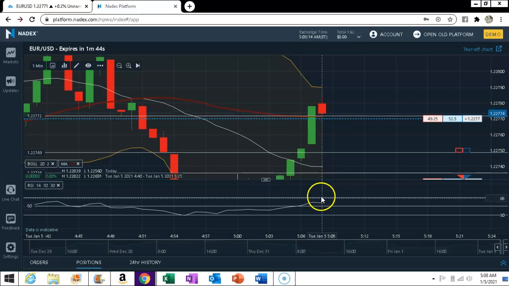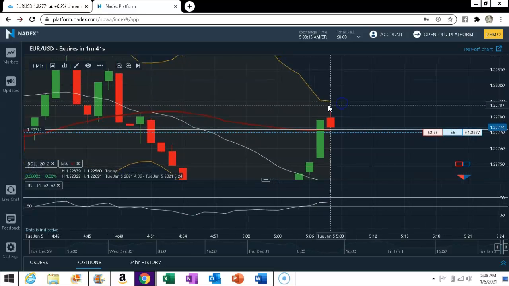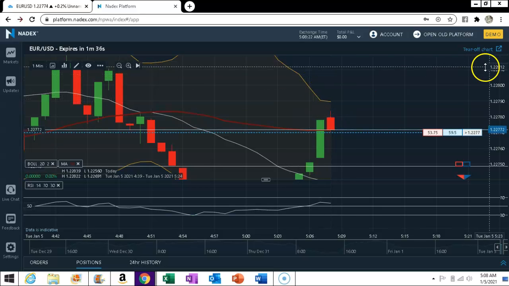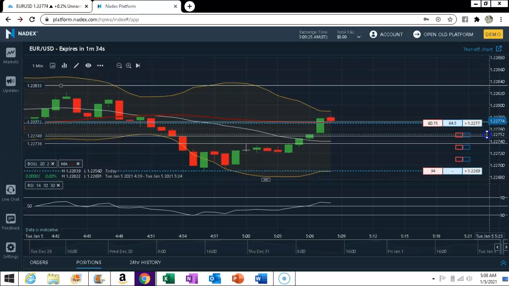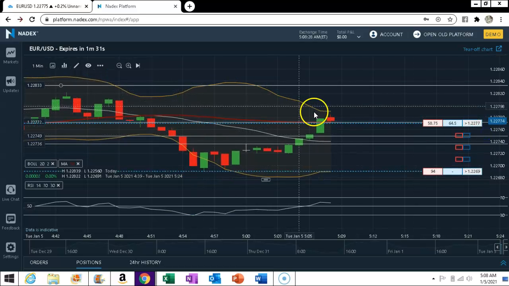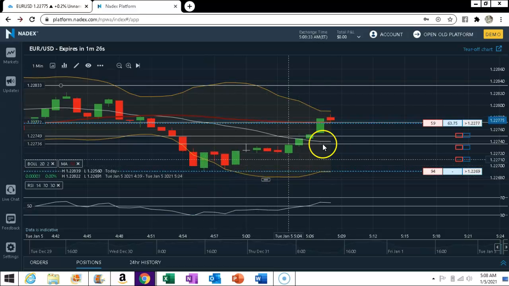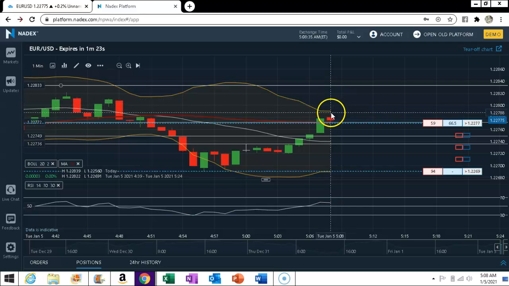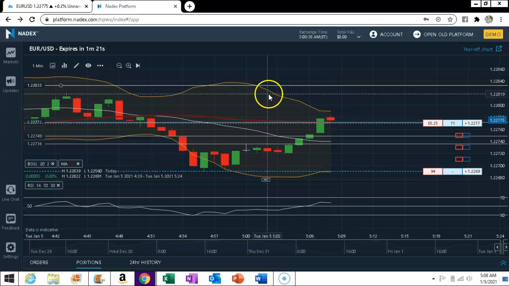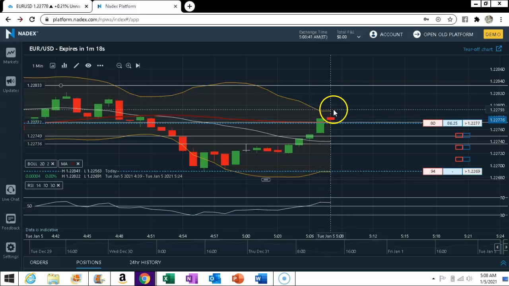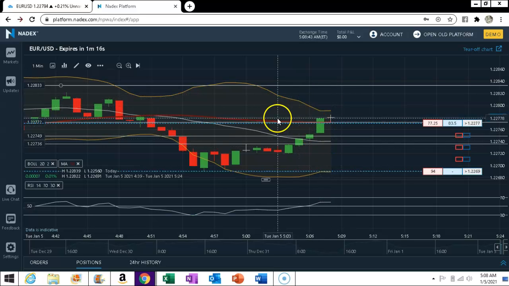It's still below the 50 period, meaning that we're looking for sells. So if we get to this point up here, the top of the Bollinger Band, also, I don't know if I mentioned it earlier, but this is overbought and this is oversold as well. So once we start getting to the tip of the Bollinger Band, price is below that 50 right there, that red line. This is the 20. The 20 is still below the 50.